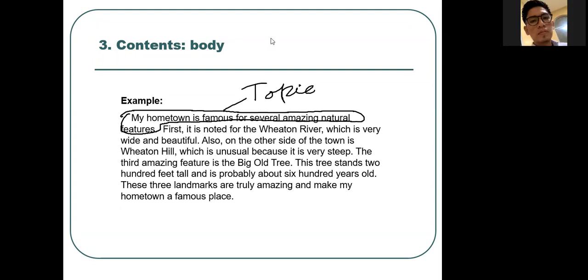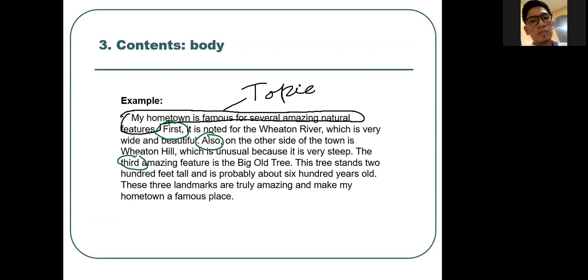First, it is noted for the Whittingham River, which is very wide and very beautiful. Also, on the other side of the town is Weather Hills, which is unusual because it is very steep.